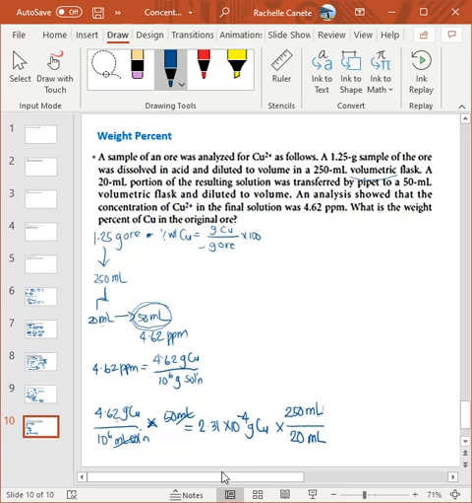Now, it's easy because of the dilution factor concept. Right? As you go, it should become more concentrated. The mass of copper gets bigger because you keep diluting downward. So that means you should just multiply it with a bigger number.